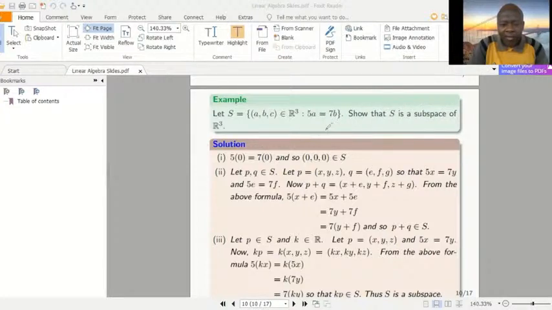And in fact, if I have 0 here and maybe 7 here, then this would be 0. I can also have 0, 0 as the vectors here.